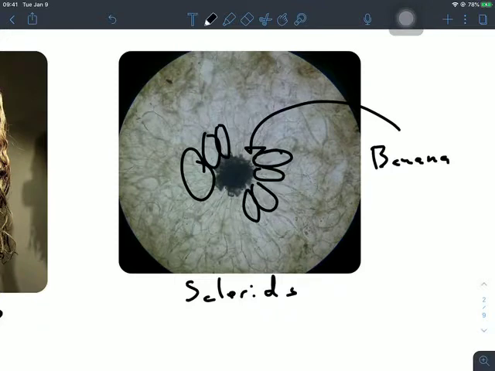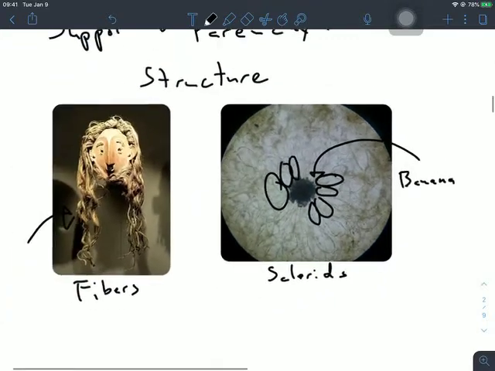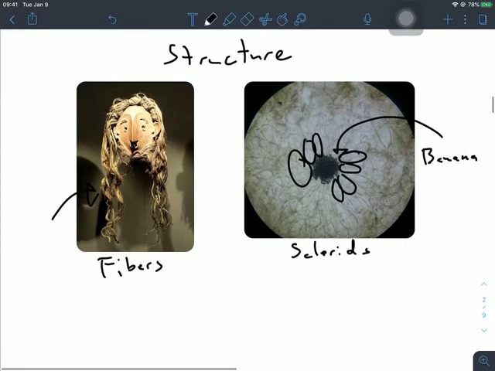But also, that sclerid gives bananas its wonderful texture. In fact, sclerids are largely the reason why you can add a frozen banana to milk, blend it up, and it comes out much the same as a milkshake, as though you added ice cream to it. It's because you get that thickening consistency from the tissue of the banana, from the cell walls of these sclerids.